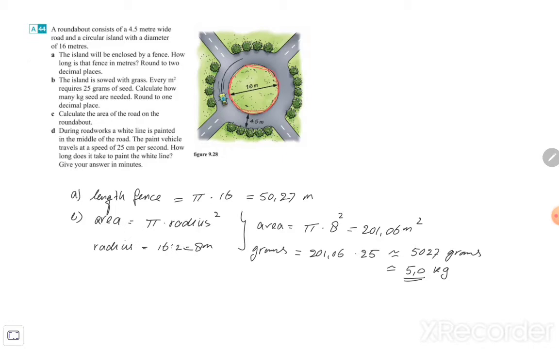Alright, exercise C. Calculate the area of the roads on the roundabout. Now, we already have the area of the island, there you go, 2827,43 square meters. If we calculate the area of the road inclusive of the middle island, and then later subtract the island, then we know the area of the road.